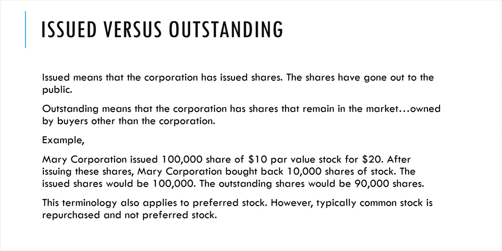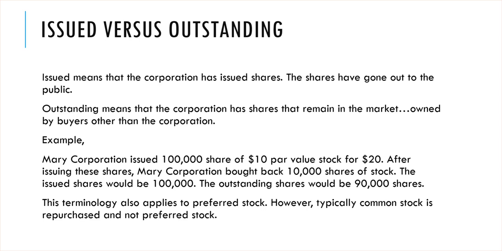Now, the outstanding shares, though, when you do your caption, is not going to be 100,000. It is going to be 90,000 because 10,000 have been taken off the market, retained by the company, and held in the treasury.